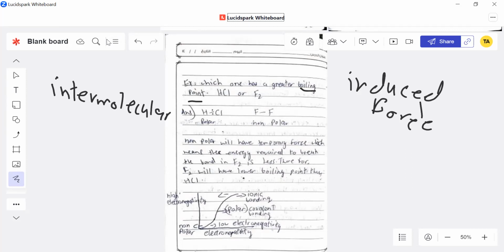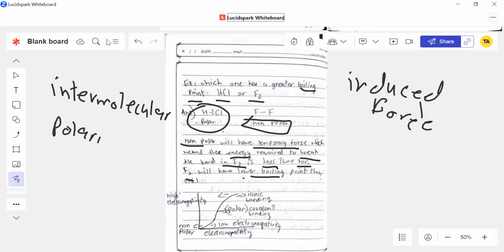In this question, which one has a greater boiling point, HCl or fluorine? Fluorine is non-polar, whereas HCl is polar. Non-polar will have temporary forces, which means the energy required to break the bonds in fluorine is less. Therefore, F2 will have a lower boiling point compared to HCl.